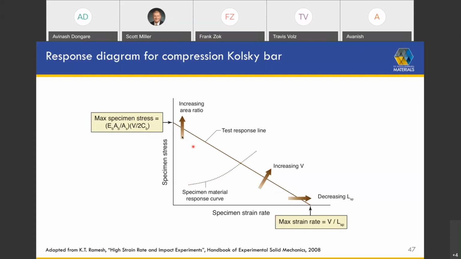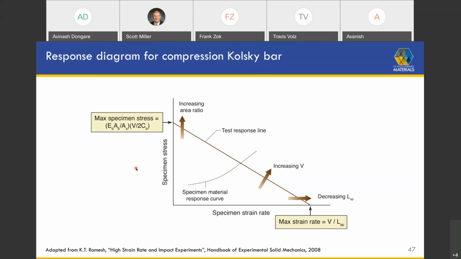You can imagine up in here, if you also made this area ratio very large, then the absolute forces that are going through your bar are very much lower, and hence the strains in the bar are very much lower. And again, you have a problem with compromising the fidelity of your measurements.